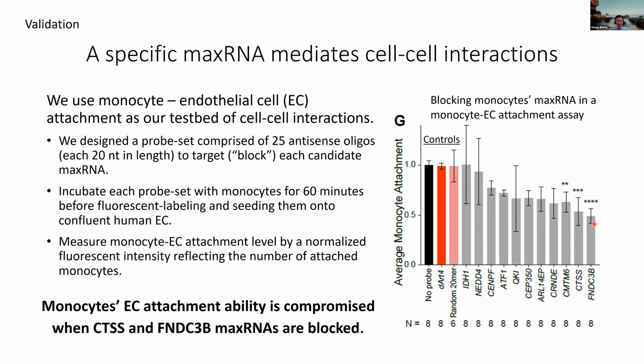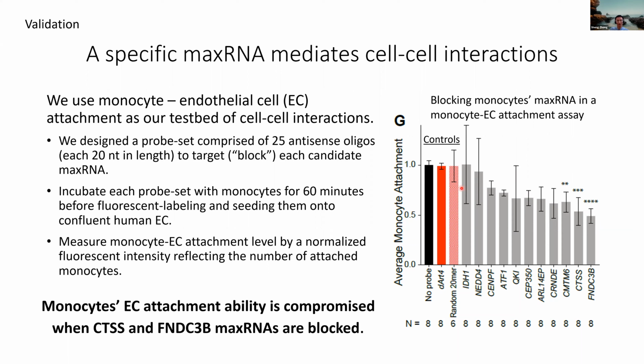Then we culture monocytes with ECs and carry out the standard monocyte-EC attachment quantification. On the y-axis are the quantified monocyte-EC attachment levels. As you see, some of the controls, as expected, control probes do not change the attachment levels.